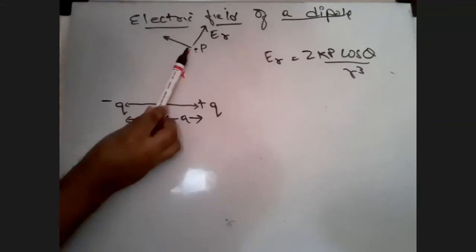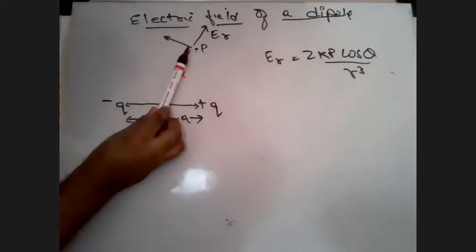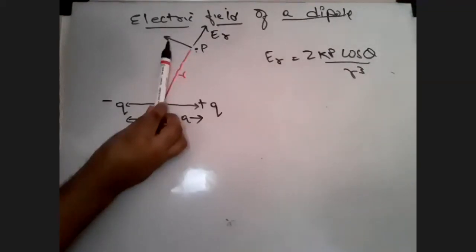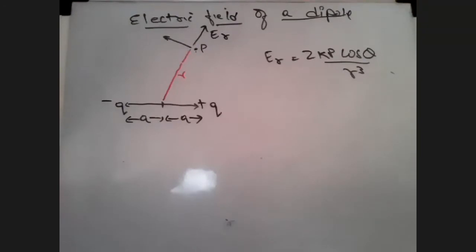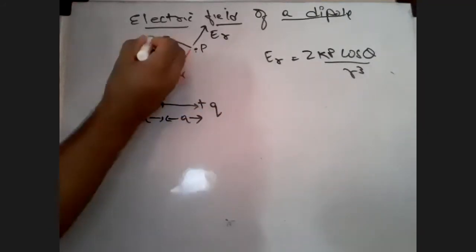If I keep r constant and I change the angle, will I get the perpendicular component? Can you see? Yes, sir. So that's exactly what I'll be doing. I'll be shifting this point P over here.